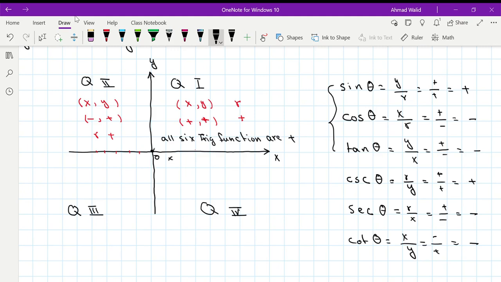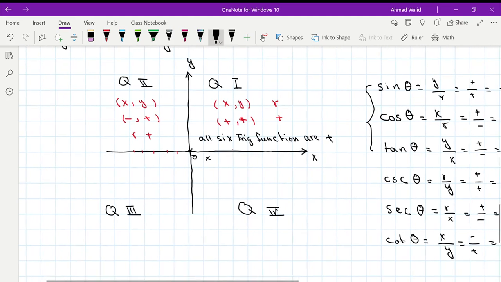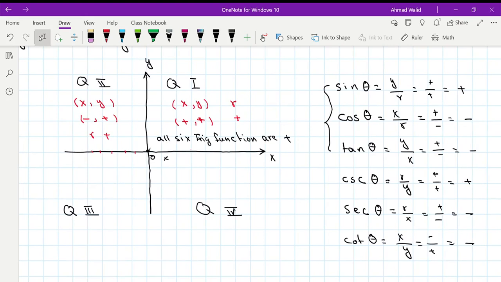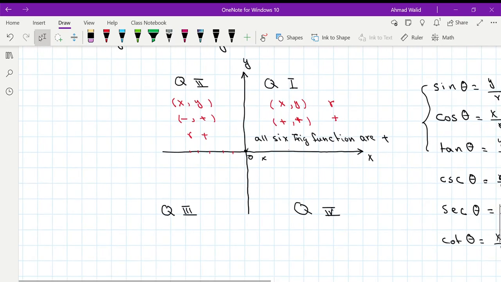You see, now I can talk about quadrant number 2. In quadrant number 2, only sine theta and cosecant theta are positive, the rest is negative.